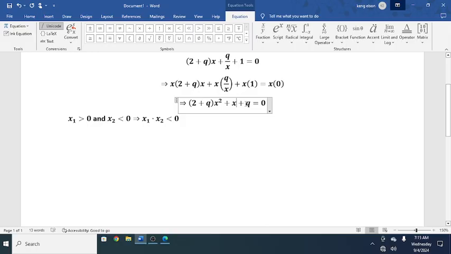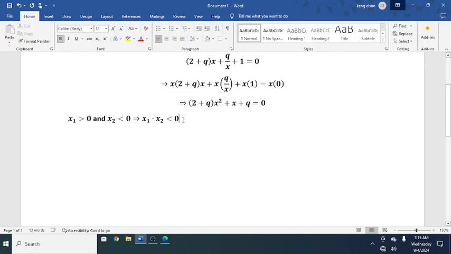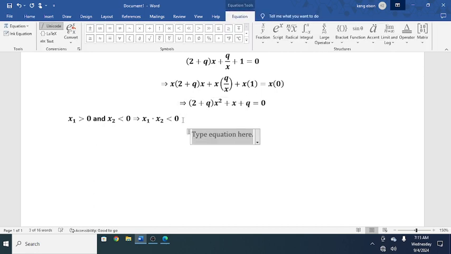From the formula, the product of roots is c divided by a. Your c is the constant, which is q, and your a is the coefficient of x squared, which is 2 plus q in this case. So we are going to have q divided by 2 plus q less than 0.